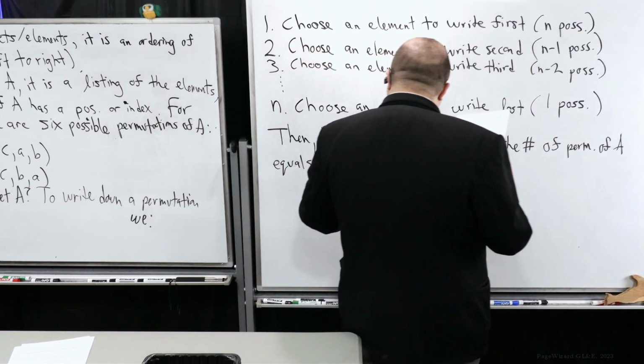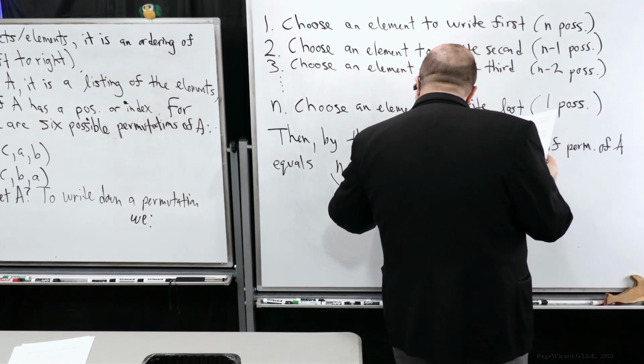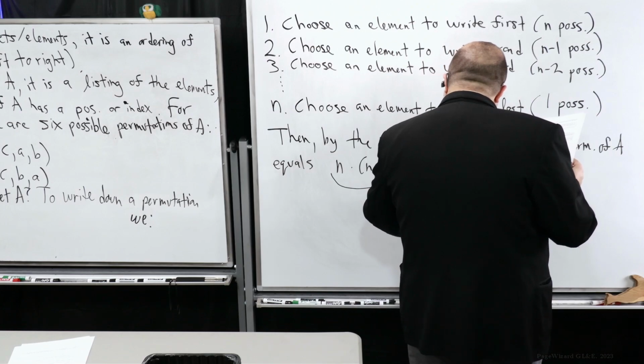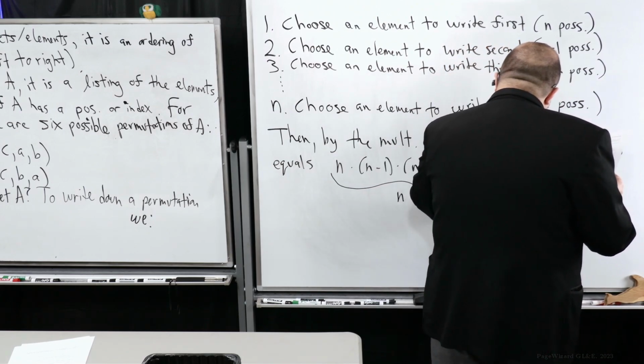We call this quantity n factorial, which is written as n with an exclamation mark.